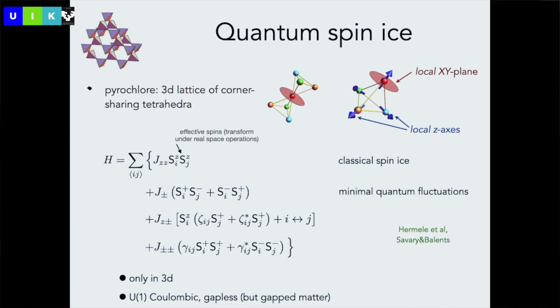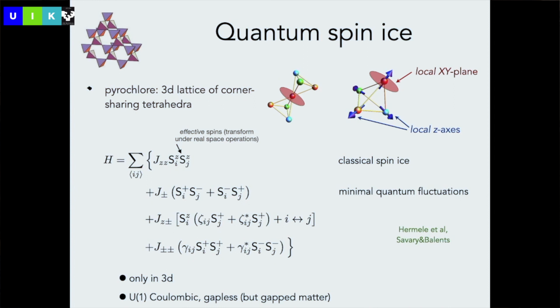But if you don't want to worry about the local axes, once you've written down this model, you can just consider these interactions to be all global, so you can think of your z-axis as being a local z-axis.